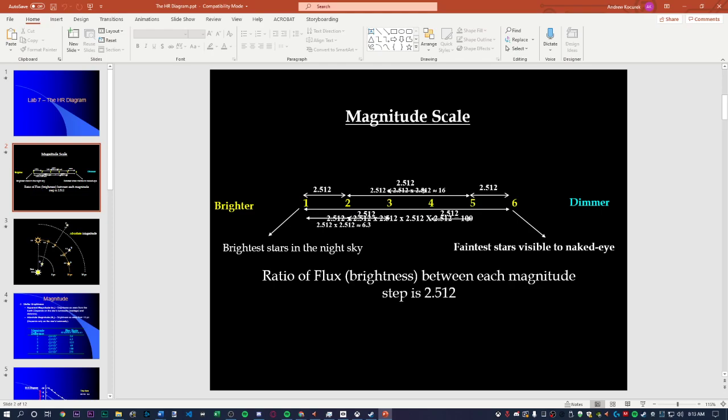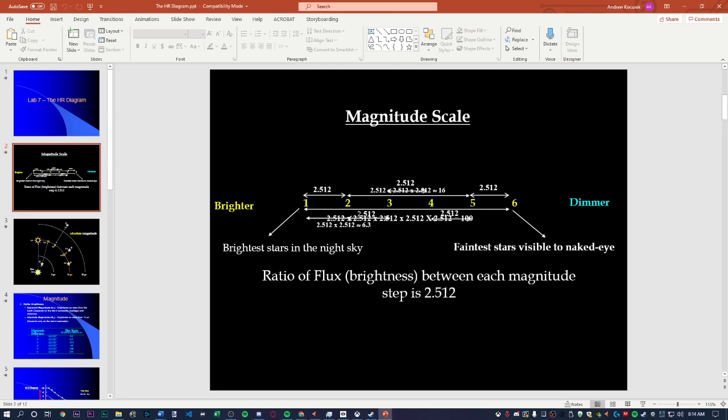And this is taken off of a PDF, so it's kind of wonky here. But every magnitude difference is 2.512. So a magnitude 1 star is basically 2.5 times brighter than a magnitude 2 star. And a magnitude 2 star is basically 2.5 times brighter than a magnitude 3 star. This compounds, so it doesn't add, it multiplies.